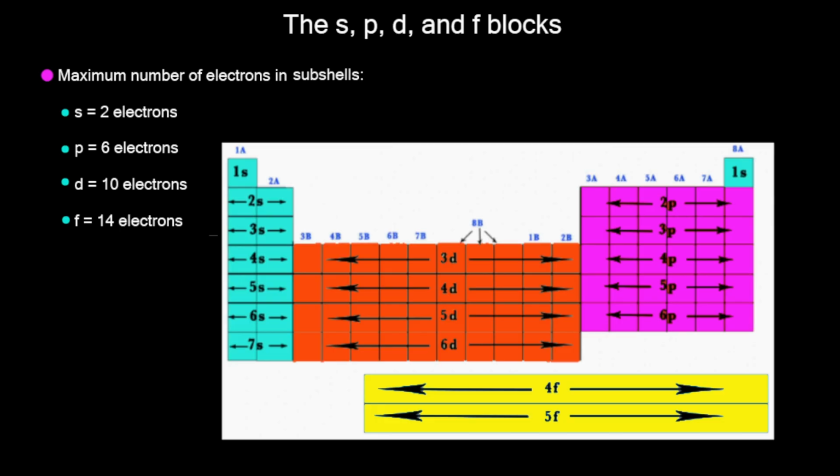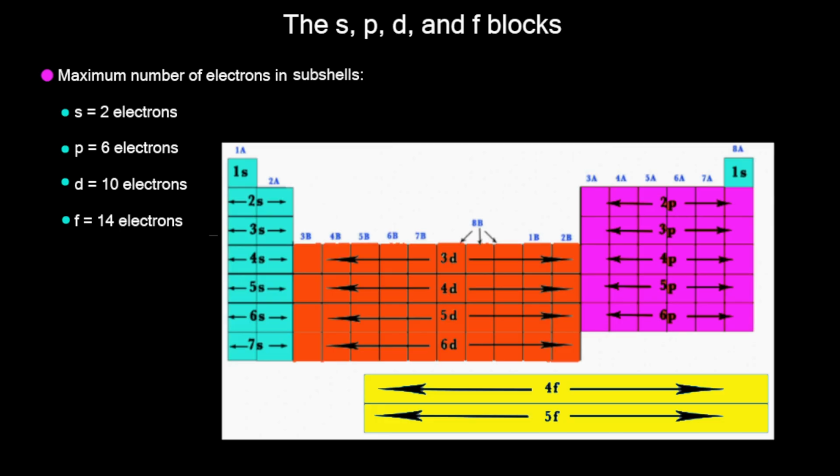On this slide, we can see that the periodic table is organized into different blocks based on the type of subshell being filled by the highest energy valence electrons. There are 4 distinct blocks on the periodic table: the s, p, d, and the f blocks. The s block, shown in turquoise or the greenish blue on the left side of the table, includes group 1 and 2, as well as hydrogen and helium.